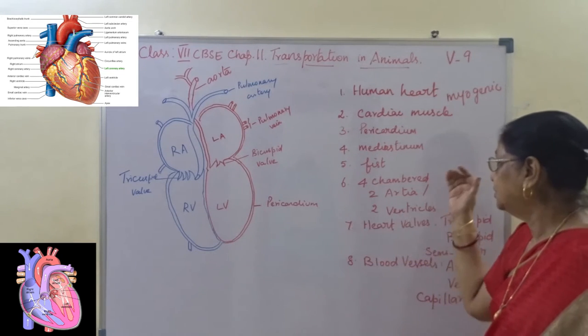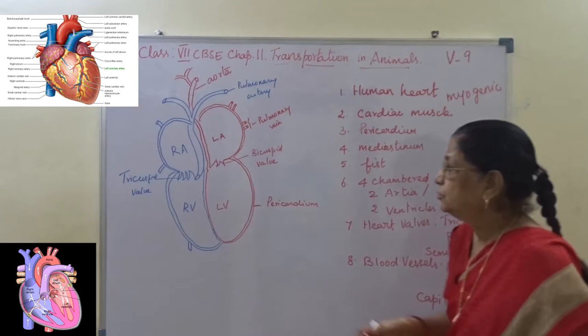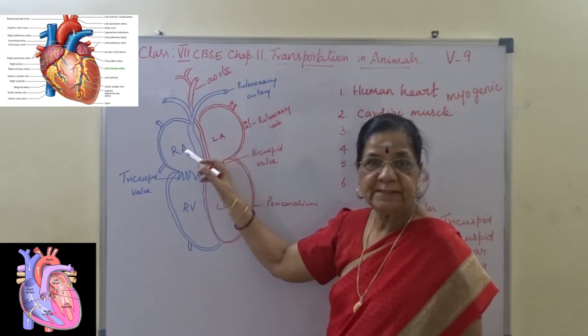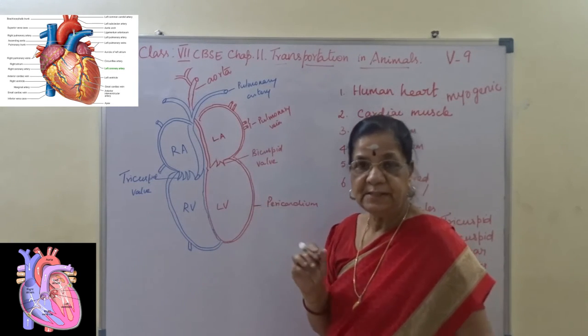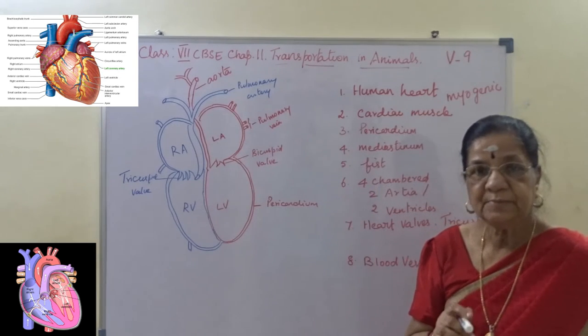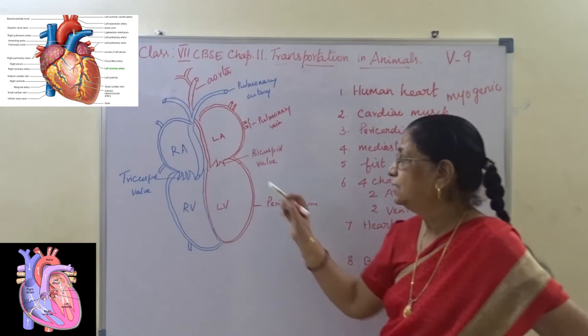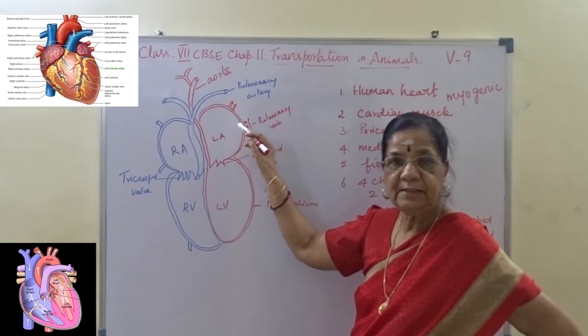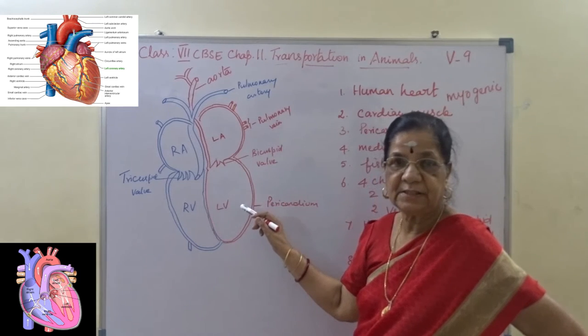Okay. Now the heart is four-chambered as two atria, right and left, and two ventricles. Atrium is singular, atria is plural. Atrium is also called auricle. So here we have the right atrium and left atrium, right ventricle and left ventricle.